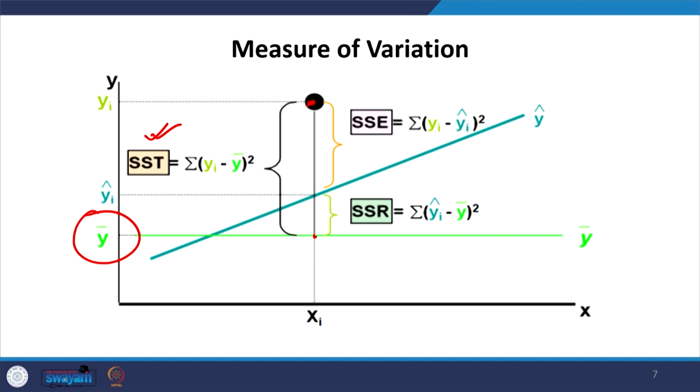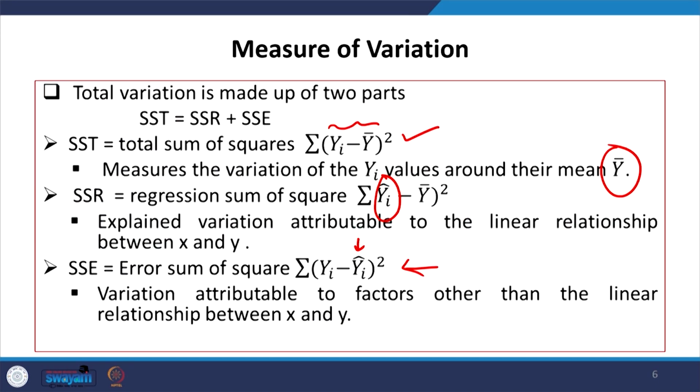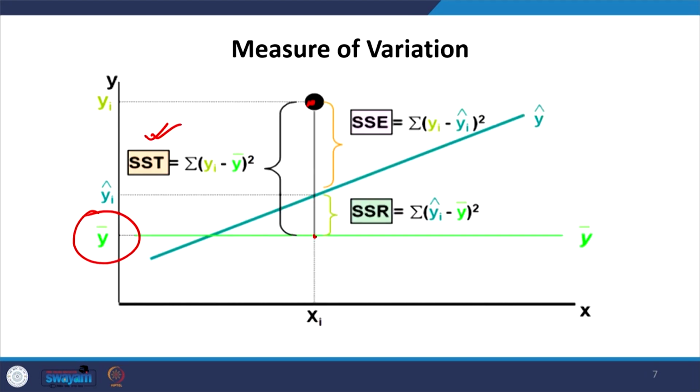Now, the sum of squares due to regression is given here as yi hat minus y bar. Y bar we have already explained as this. Due to the regression trend line, we check whether the trend line is in fact fitting to the average trend line of the total observed values.